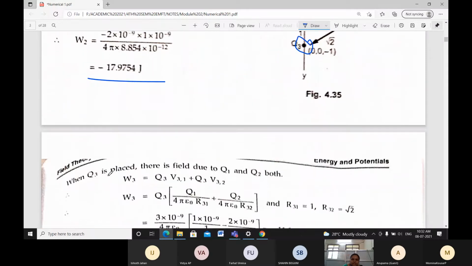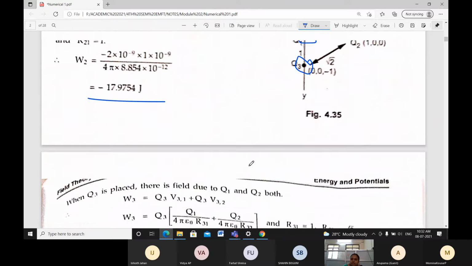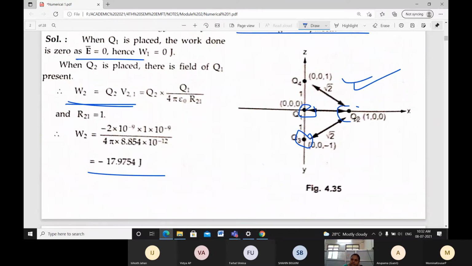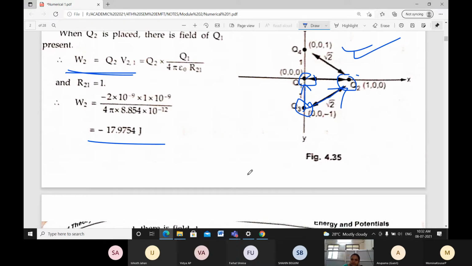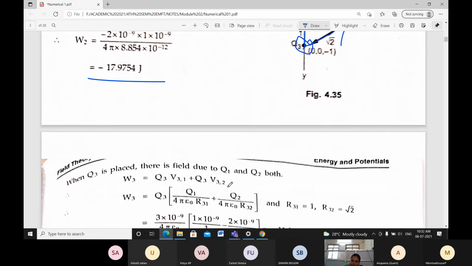When it is placed, there is a field due to the two point charges already there, meaning it is exhibiting with Q1 and also with Q2. Therefore, W3 is going to be equal to what? Observe here: Q3 V31 with respect to 1, and also Q3 with respect to the one more point charge Q2, therefore Q3 V32.